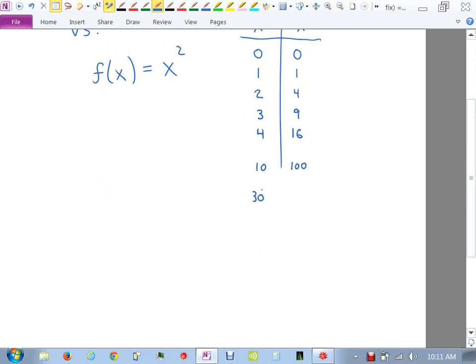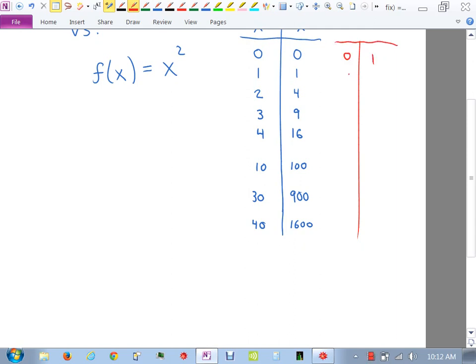What's 30 squared? 900. And then did we do 40 a second ago, right? That'd be 1600. So, do you understand what I'm doing? Exponential is much faster, right? Much, much faster.